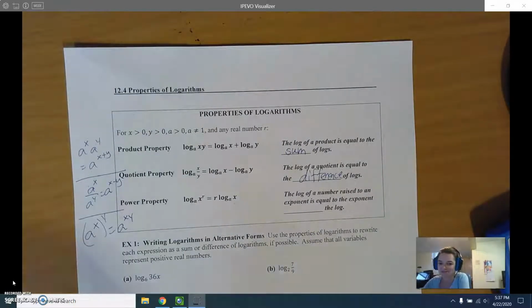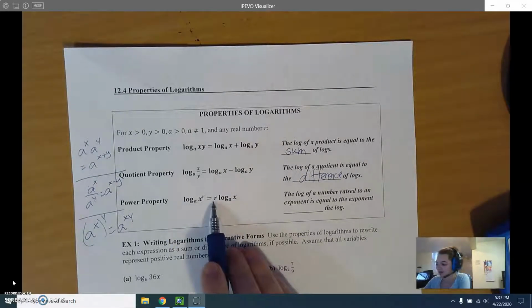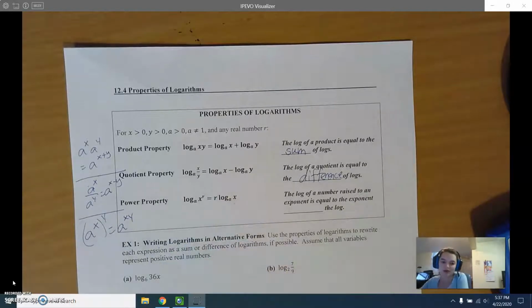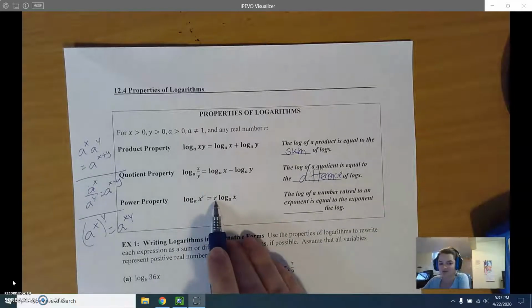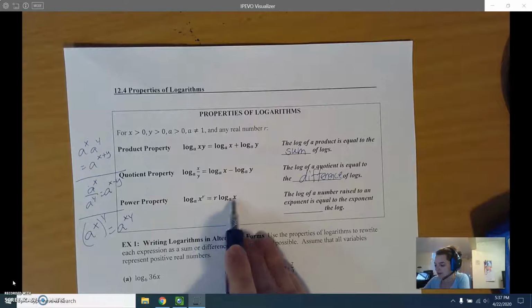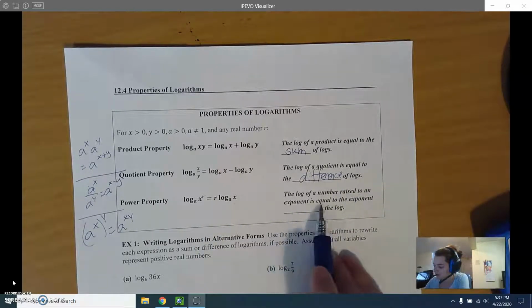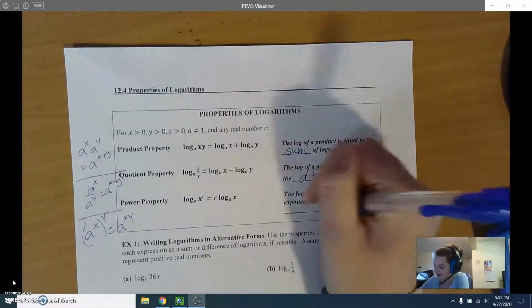It's the same idea. So now what we're going to do is multiply by that r. And typically we put it in front just so you're not confused as to whether the r is inside of the log or not. So a lot of times I'll put that in front. Okay? So it's r times the log base A of x. So the log of a number raised to an exponent is equal to the exponent times the log.